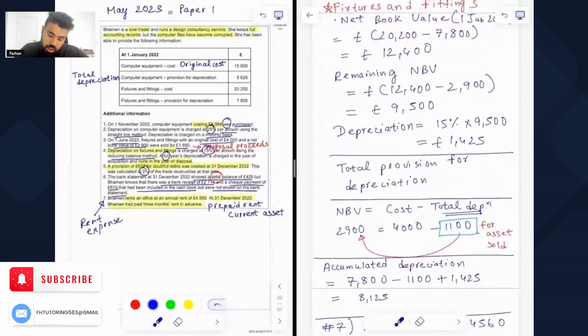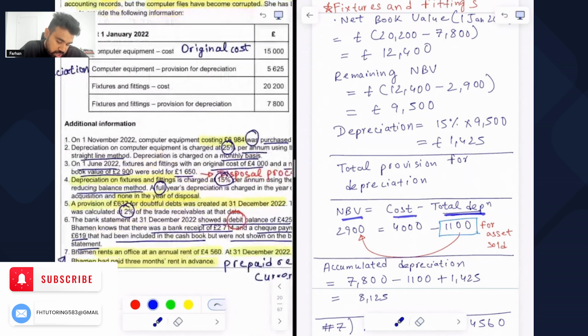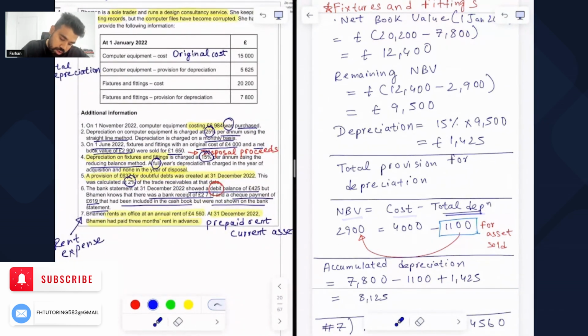So what we know is that if you want to find the net book value at a given point in time, you can simply start with the original cost of the asset and then subtract the total depreciation for that asset. All right, so based on information number 3, the net book value for the fixtures and fittings that we have sold was 2,900 pounds, which is what I have included here.